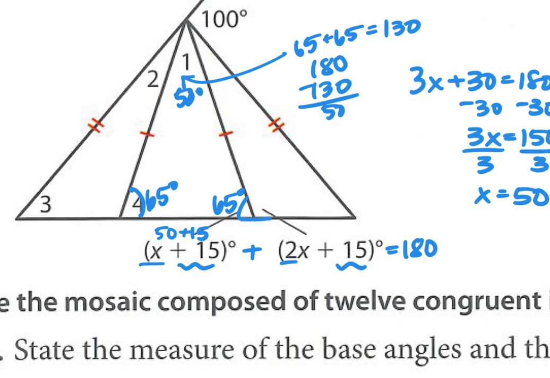So since that's a straight line too, I'm trying to find the missing angle for it. You're talking about right here? Yeah. Okay. So I do 180 minus 65. That gives me 115. Okay, so this here's 115. Now also, could I have also plugged it into this one? Yeah.